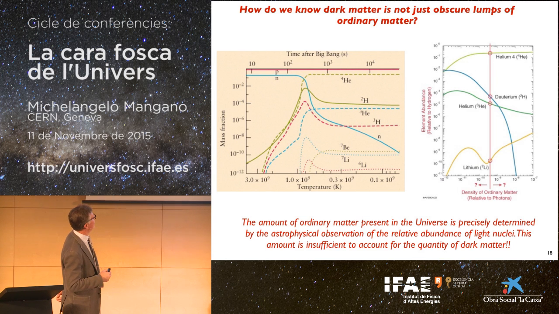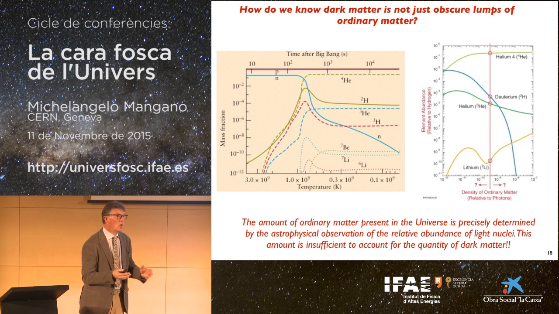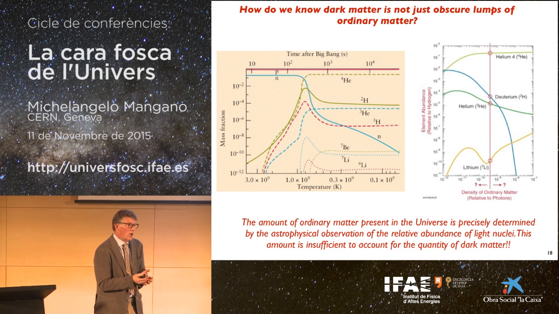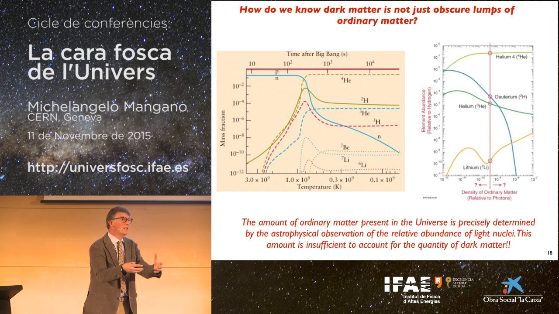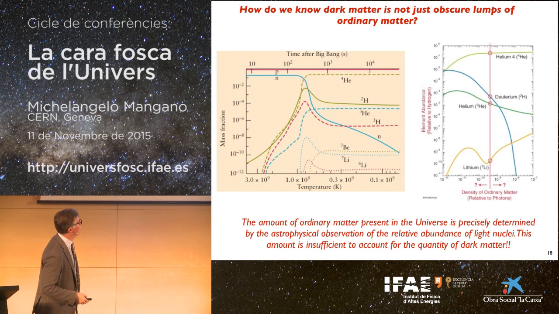You see, they weren't there at the beginning. At the beginning was just protons and neutrons, and as the system cools down, protons and neutrons get together, stick together, and through nuclear reactions start building up heavier and heavier systems.